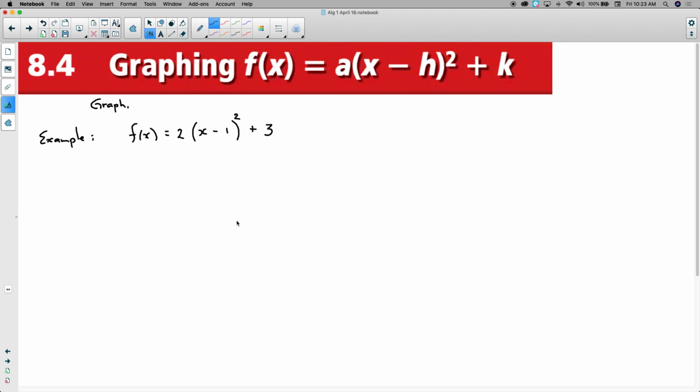So because it just doesn't match up with our standard form for a quadratic, we're stuck on the graph. I suppose we could say that it opens up because that's positive and it's twice as steep as the parent function. But other than that, I don't know anything about it. So let's learn about it.